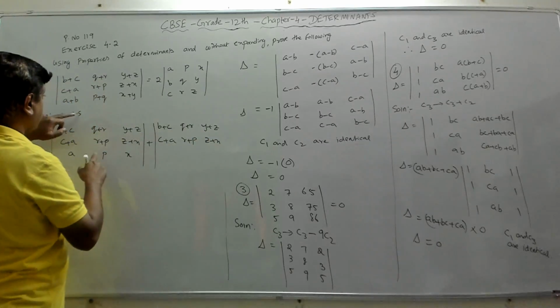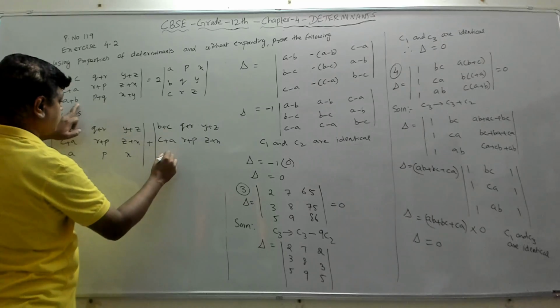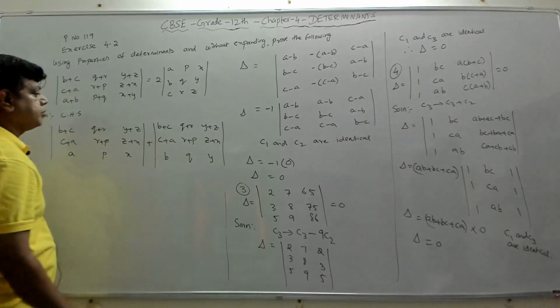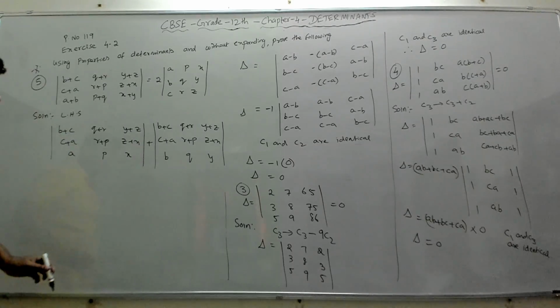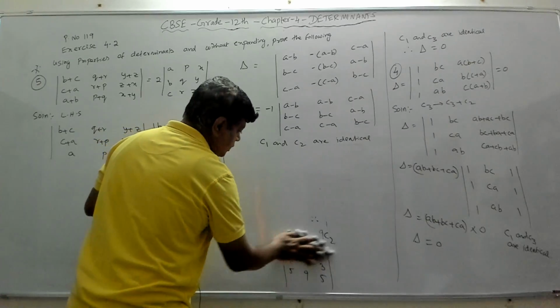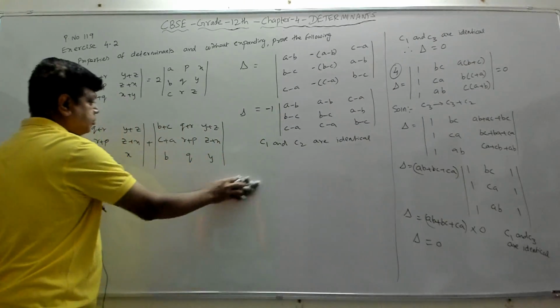Then here A, P, X means the expression is B, Q and Y. Fine.